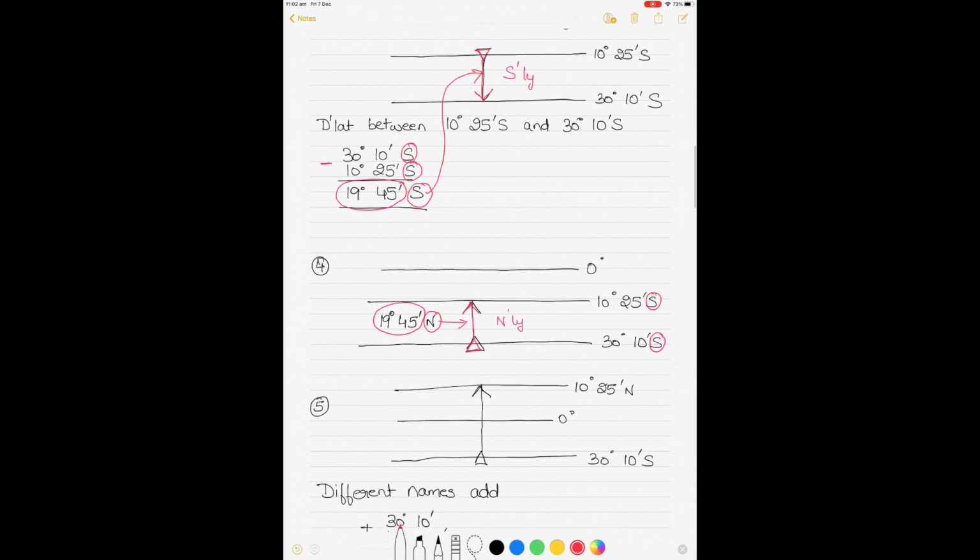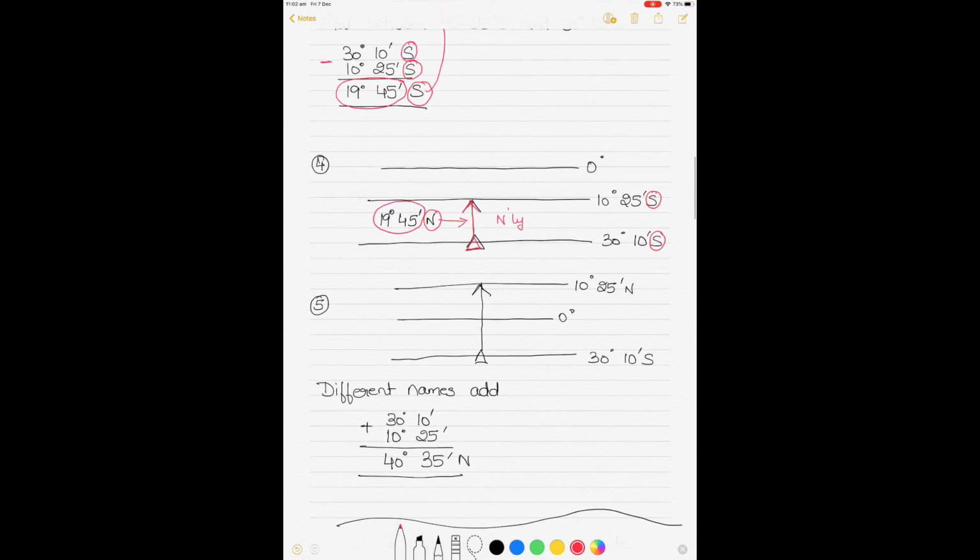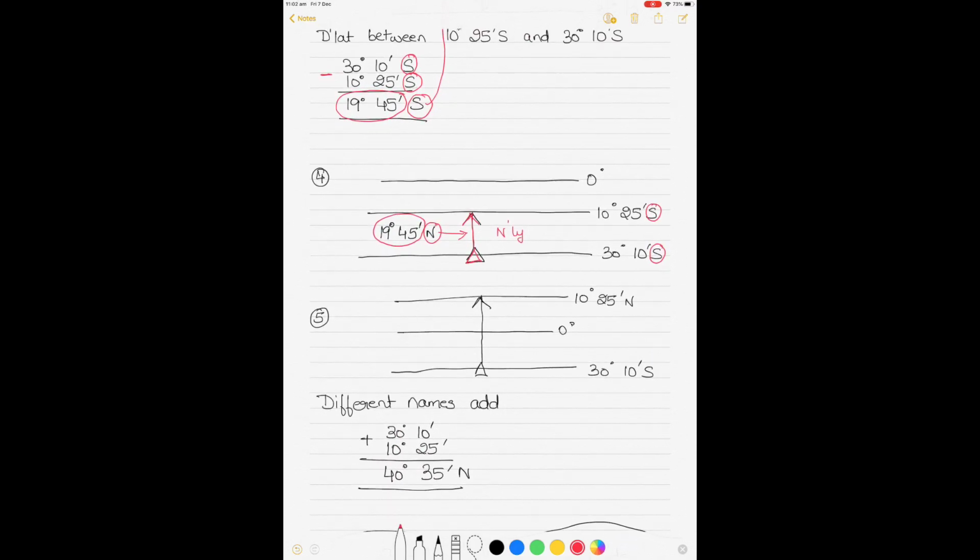And finally, the last example: if the vessel was traveling from 30 degrees and 10 minutes south to 10 degrees and 25 minutes north, in this case the latitudes are in different hemispheres. So one is in the southern hemisphere, the other one is in the northern hemisphere.